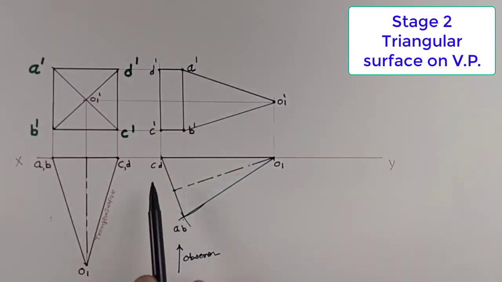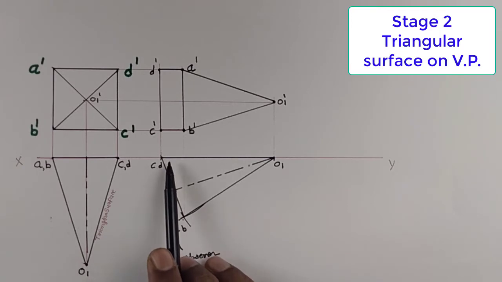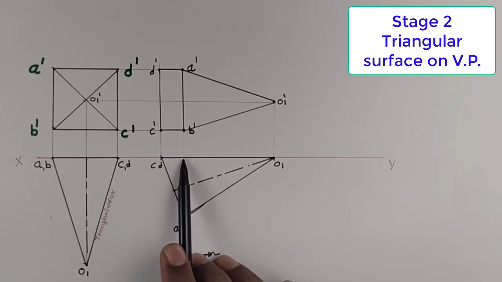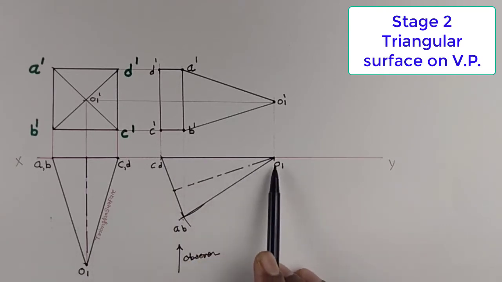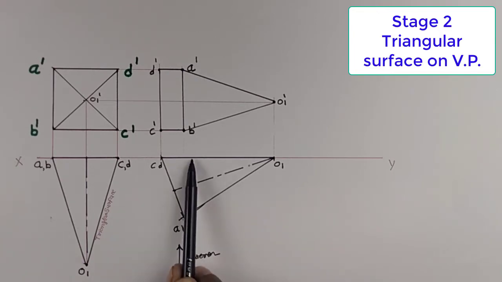But the two slant edges of the triangular surface which is on VP, its true slant CO1 and DO1, are away from VP, away from the observer, so they are not visible.